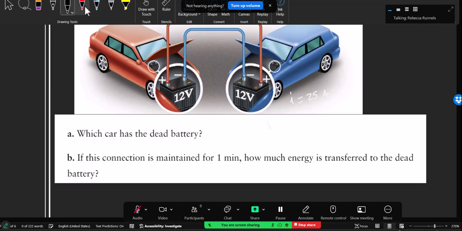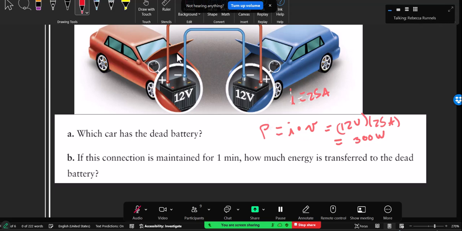So the current is 25 amps, then my power is I times V. So that's 12 volts times 25 amps, or my power is 300 watts.